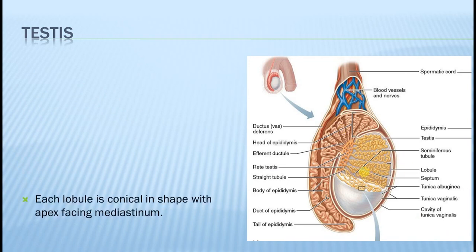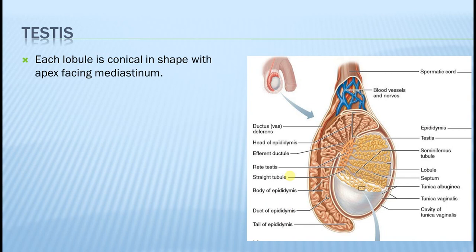If you take a section of each lobule, the base is near towards the surface and apex is actually near to the mediastinum. This septum here is the mediastinum. So roughly triangular or conical in shape. Inside each lobule you have 1, 2, 3 seminiferous tubules.